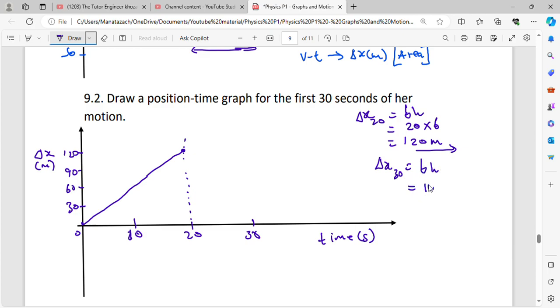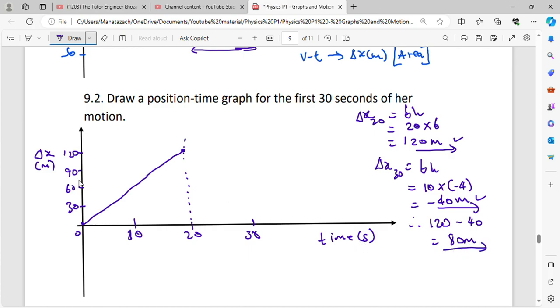The base is 10 seconds. The height is minus 4. So I'll have minus 40. Therefore, since the displacement is cumulative, the displacement at 30 seconds will be the summation of the first displacement and the second one. So 120 minus 40, that will be 80 meters.